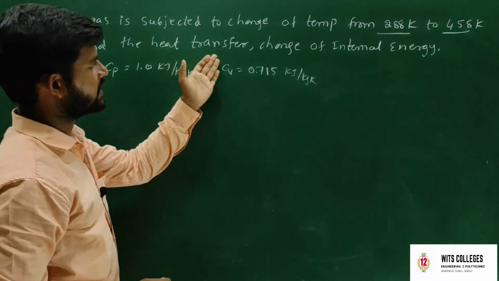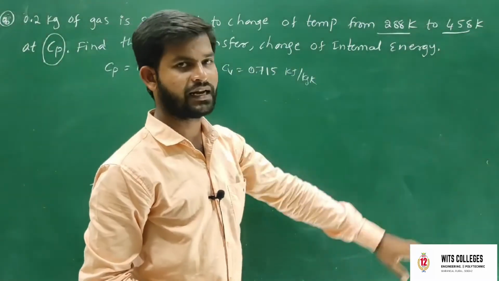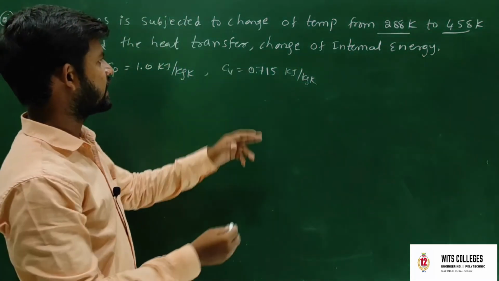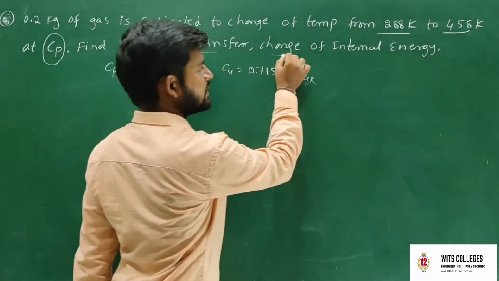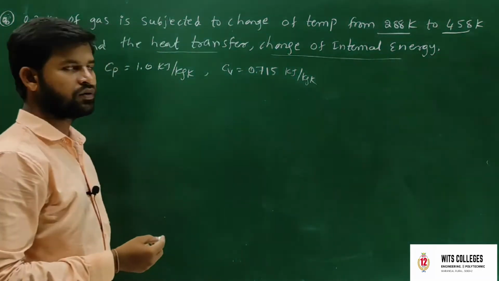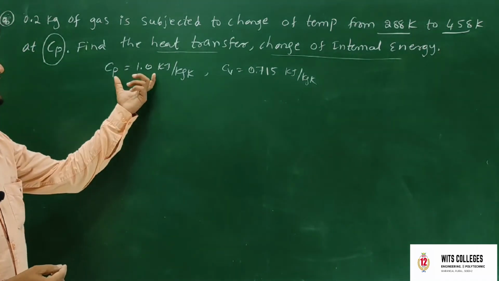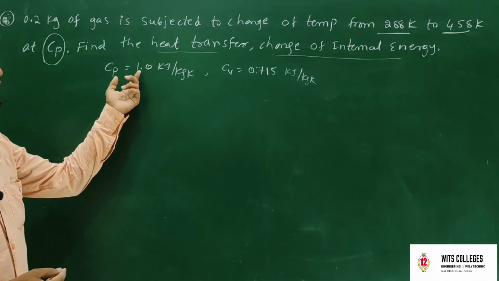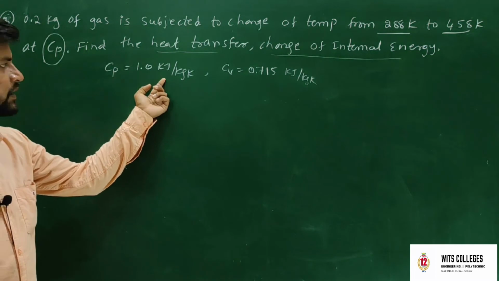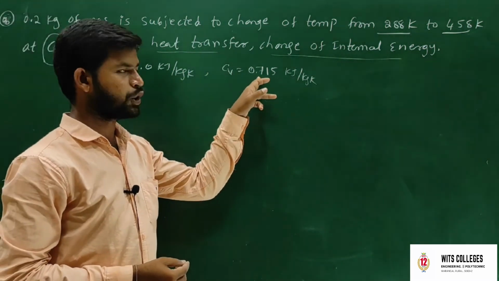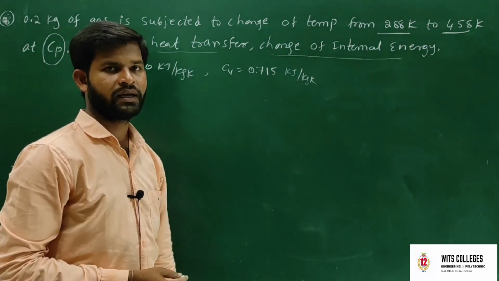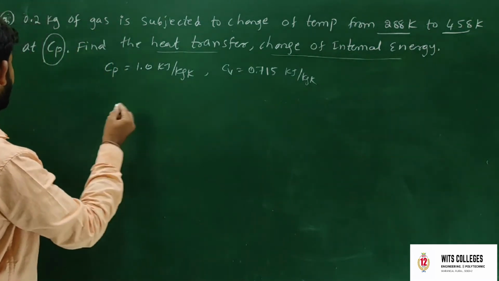Find the heat transfer and change in internal energy. Cp value is 1.0 kilojoule per kg Kelvin and Cv value is 0.715 kilojoule per kg Kelvin.